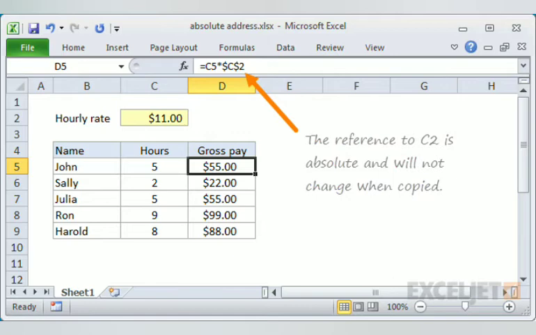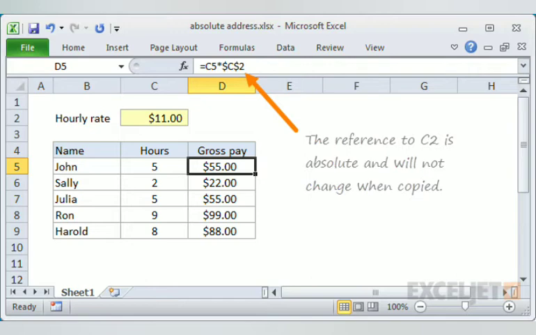Whenever we are copying the formula in the cell D5 up to D9, the only change will be that C5 will be changed to C6, then in the next cell C6 will be changed to C7, then C7 will be C8, then finally C8 will be C9.